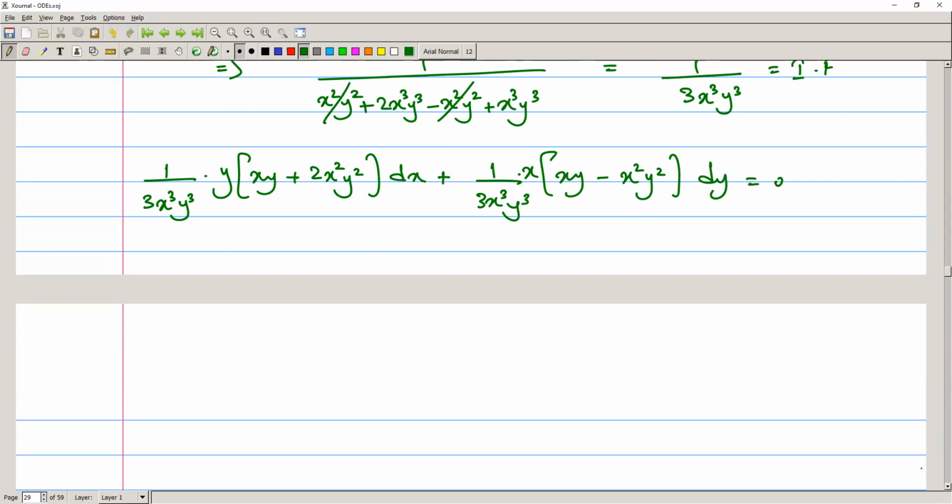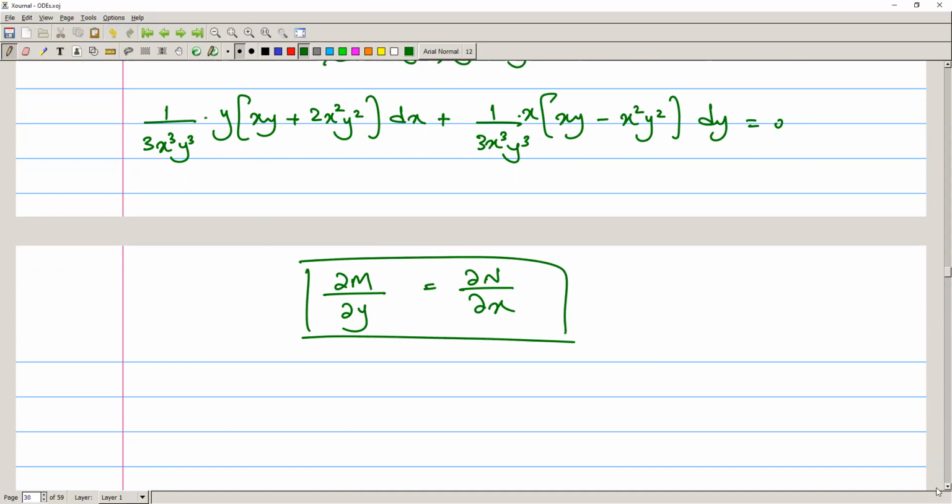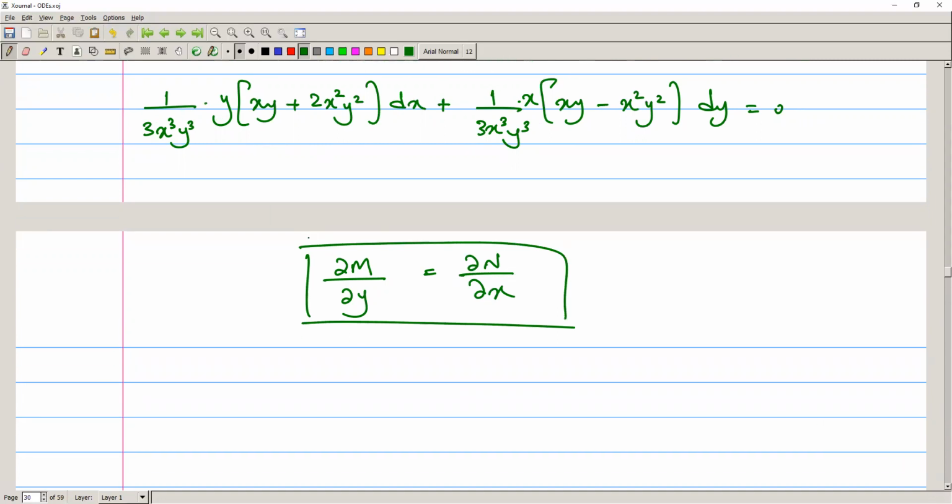Now we can check that this equation is exact after multiplying with the integrating factor. Surely it will be equal, because we multiplied by the integrating factor, and that will make these functions equal. You can check in your own way. I will just solve this directly now by applying the technique of solving exact equations. So this is now an exact equation.